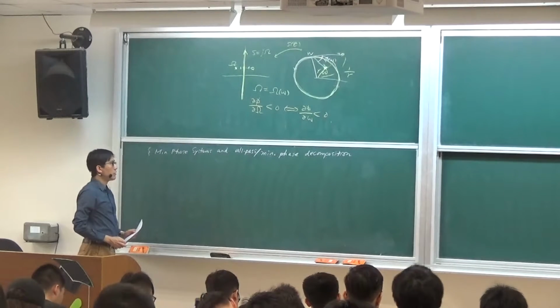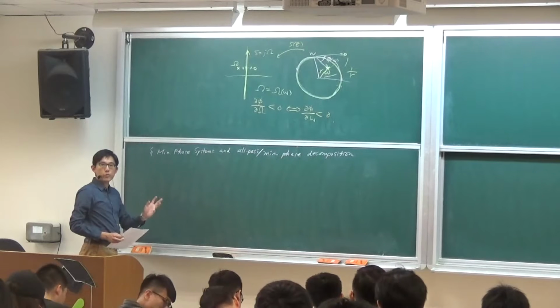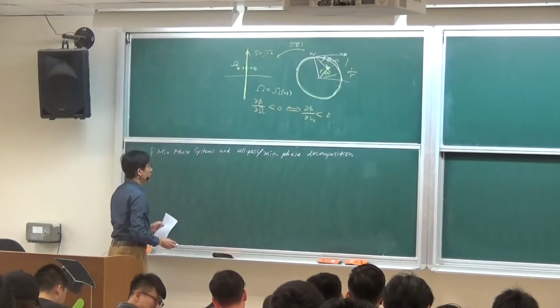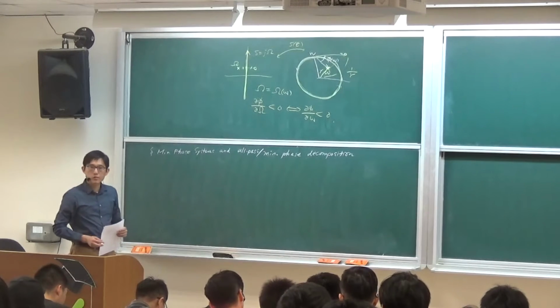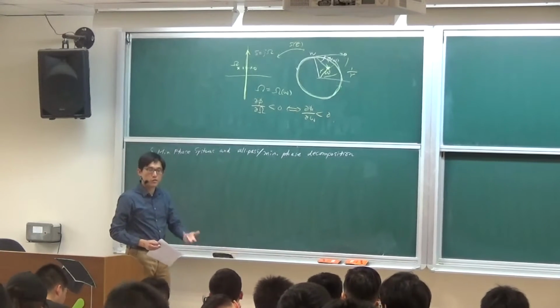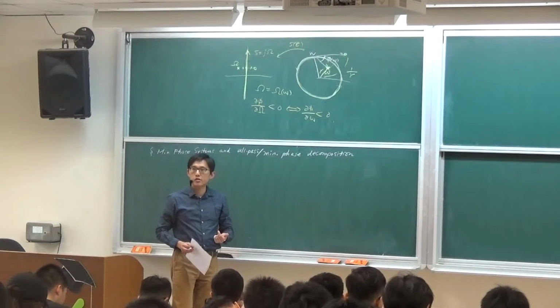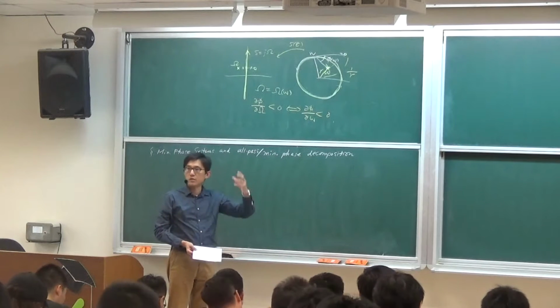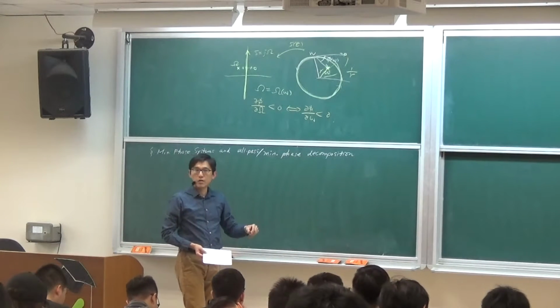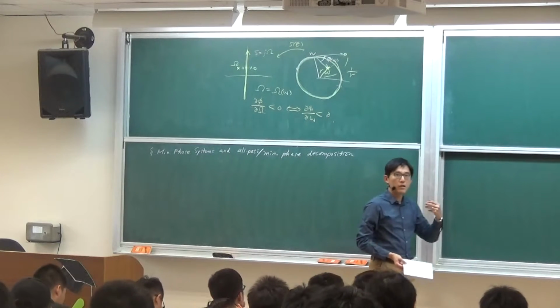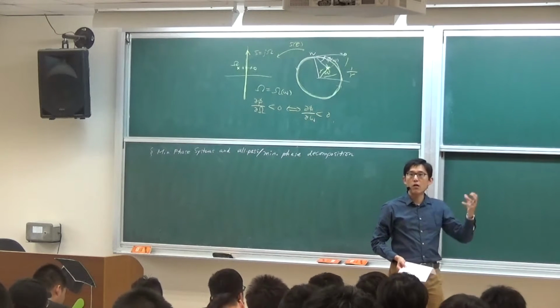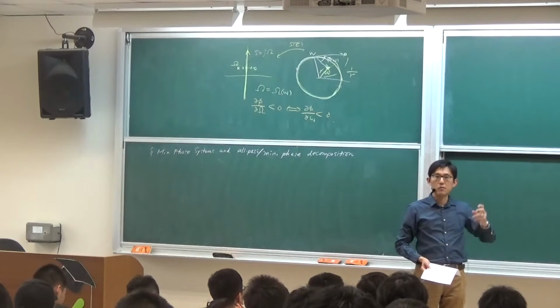The important result today is that any causal and stable system, you have the system function B(z) divided by A(z). You can always factorize this system function into an all-pass system times a minimum phase system.